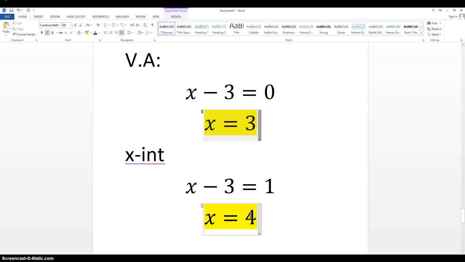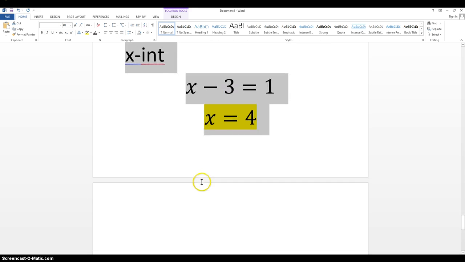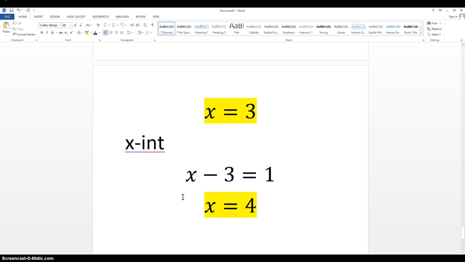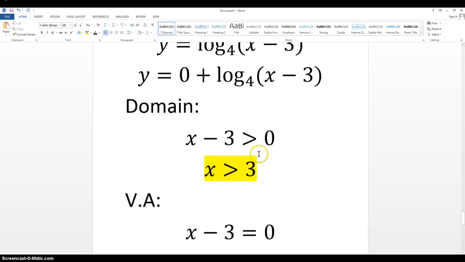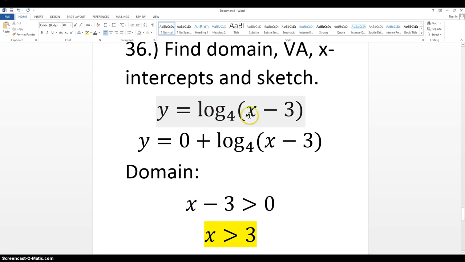Okay, let's move on to number 36. I'm going to try to zoom through it quickly. It's the exact same thing. Number 36 states the same thing.